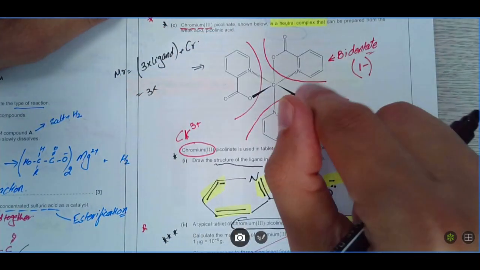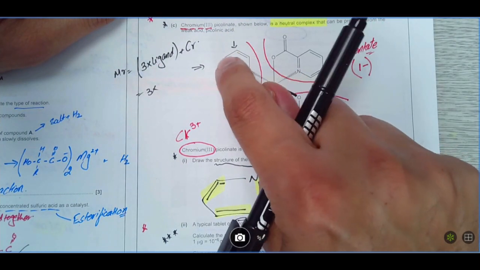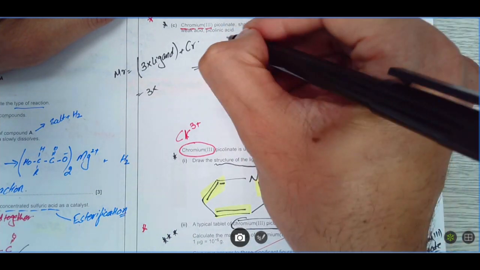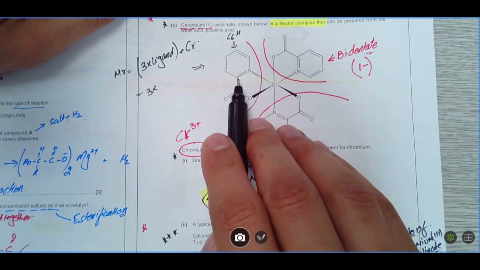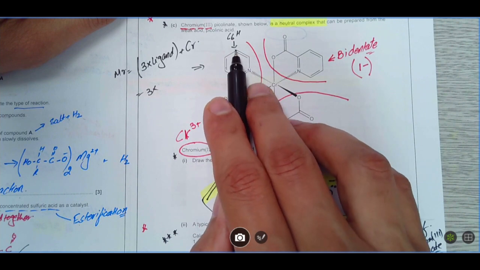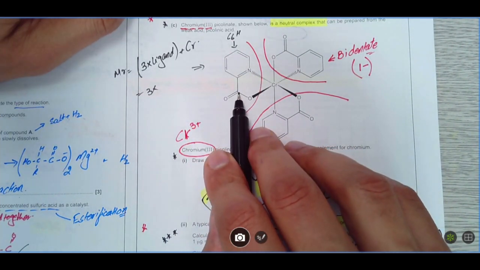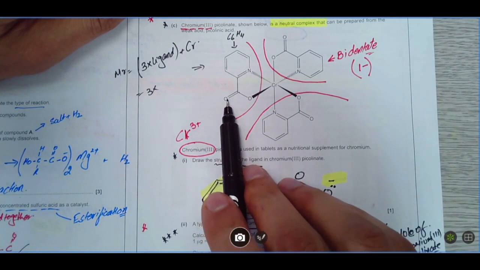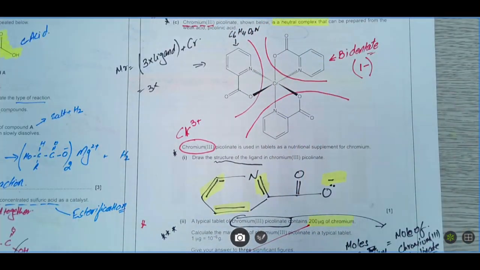What's the Mr? How many carbons do I have in the ligand? 1, 2, 3, 4, 5, 6. How many hydrogens do I have in the ligand? 1, 2, 3, 4. There is no hydrogen here, so just 4. How many oxygens do I have? 1, 2, and N. If you work that out, what do you get?